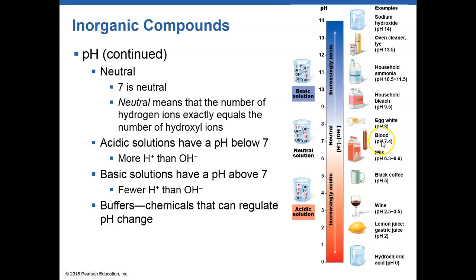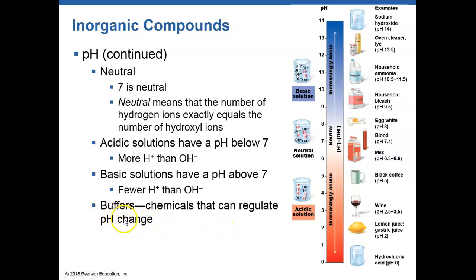Blood has a pH of approximately 7.4, so it's slightly basic, and it has to be able to be maintained at that. Anywhere between 7.35 and 7.45, blood works perfectly fine, but if it goes down to 7.33 or 7.47, then we have problems, and that's going to lead us to either alkalosis or acidosis.